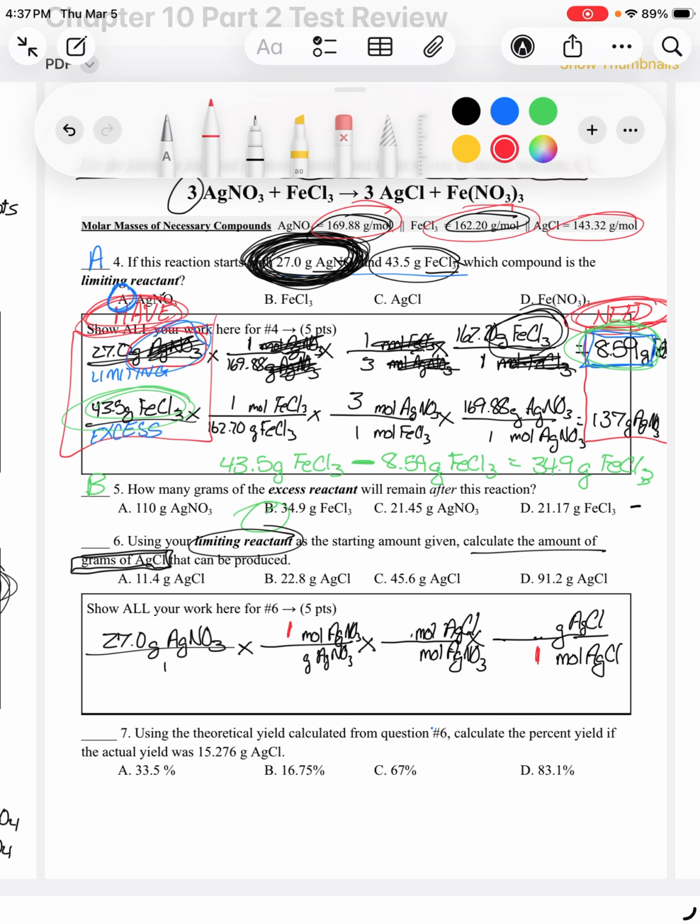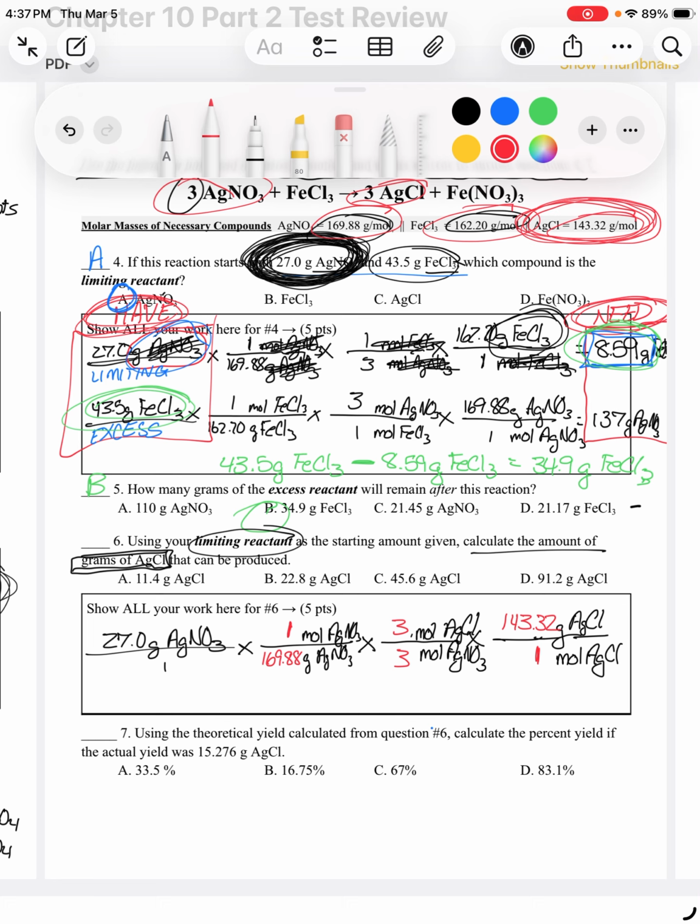For silver nitrate, again, it's 169.88. For moles of silver nitrate and moles of silver chloride, we look at the balanced chemical equation. For silver nitrate, that's 3. For silver chloride, that's 3. And then right here, we got 1 mole of silver chloride to how many grams of silver chloride? Well, the molar mass of silver chloride is also given to us, 143.32.